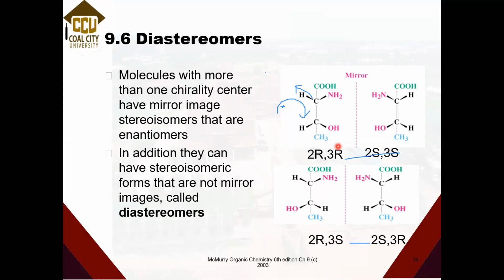So the compounds that we talked about that can have more than 1 chirality center will have some non-superimposable mirror images of each other, which are enantiomers. But they will also have some other stereoisomers that are not mirror images. Those ones we call diastereomers.